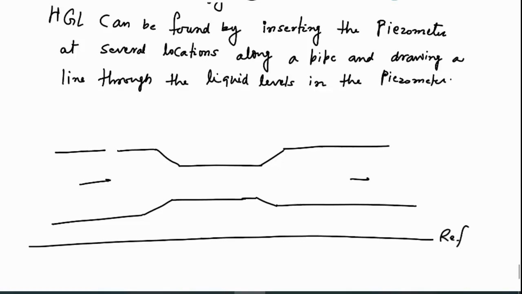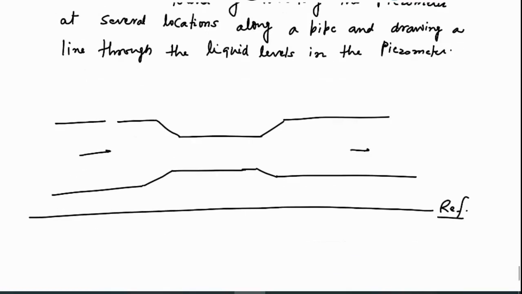How do we find the hydraulic grade line? We will put different piezometers. At one place we put a piezometer and some height comes. I will put a piezometer at another place and some other height will come. For example, at this place, water will rise up to this height.